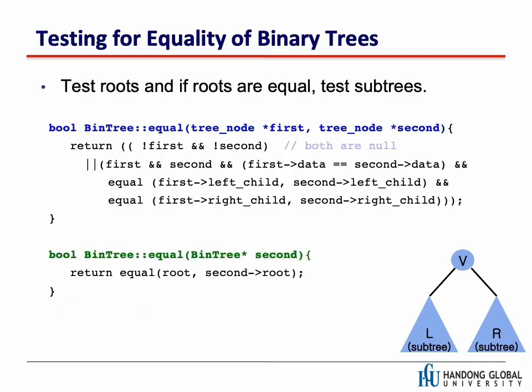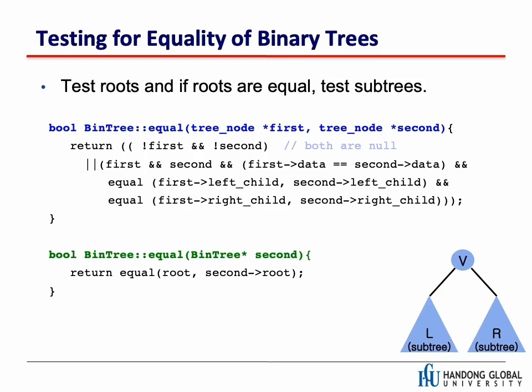In this slide, we have an implementation of testing for equality of binary trees. Given two binary trees, we want to check if they are equivalent. The algorithm is quite simple if you understand recursion, and is quite similar to the copying operation.